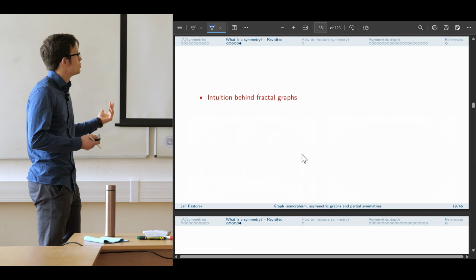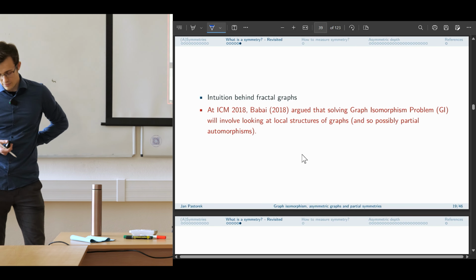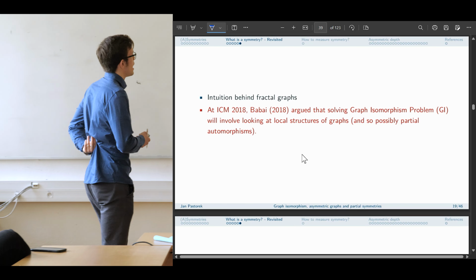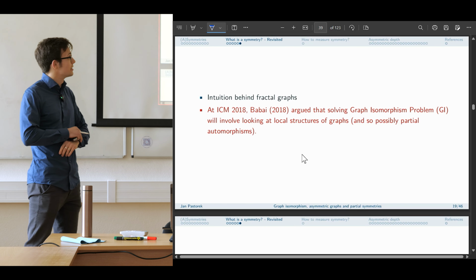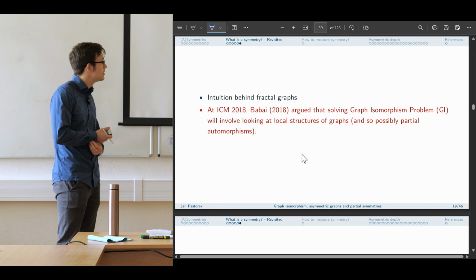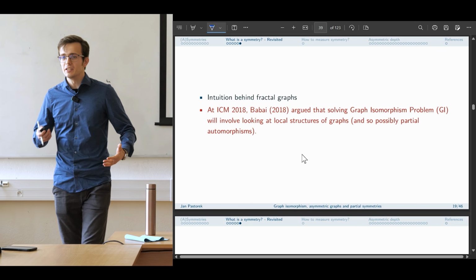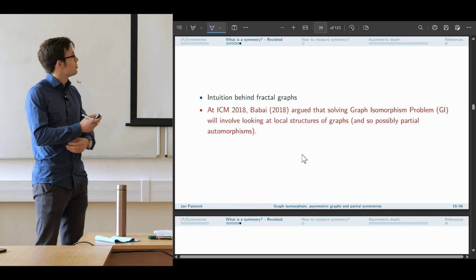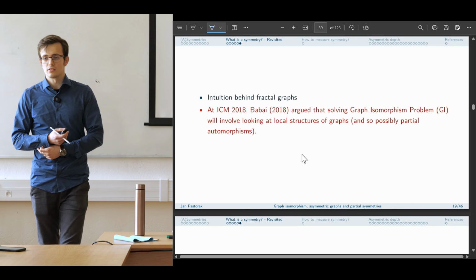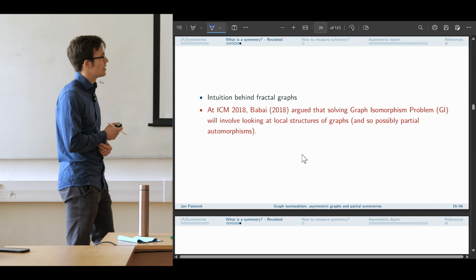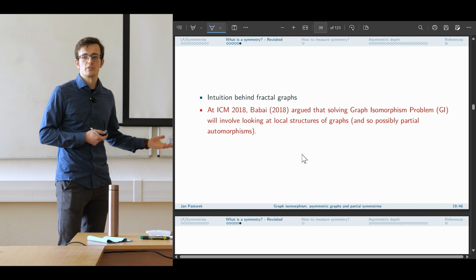And so, okay, I told you about this intuition behind fractal graphs. At ICM 2011, which is a big conference for these problems, Babai, who is again one of the big names, argued that solving the graph isomorphism problem will involve looking at local structures, and so possibly at partial automorphisms.